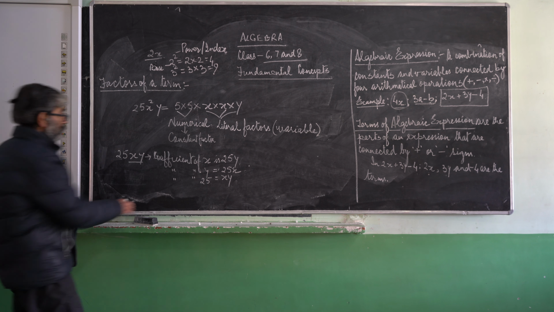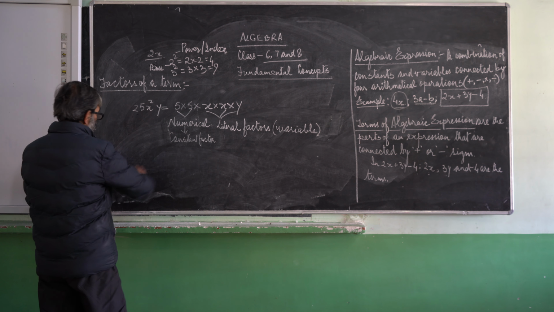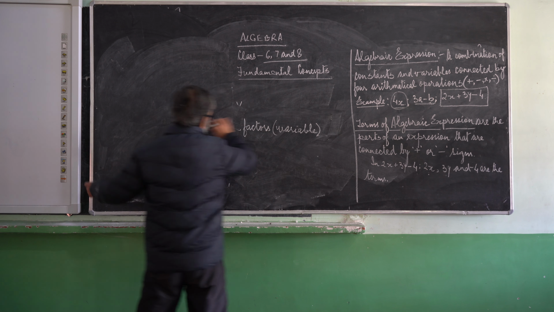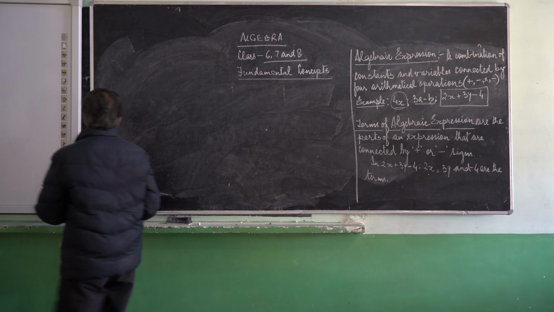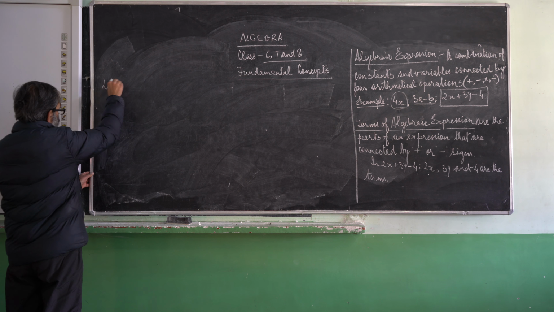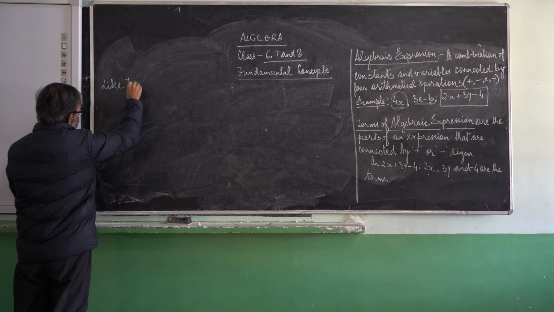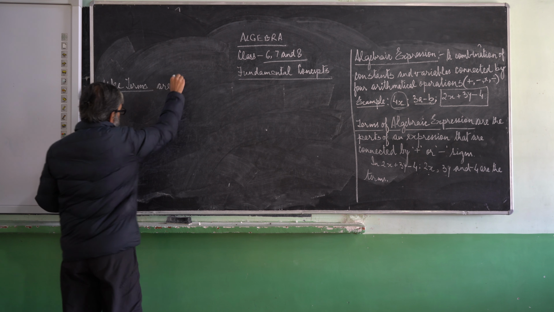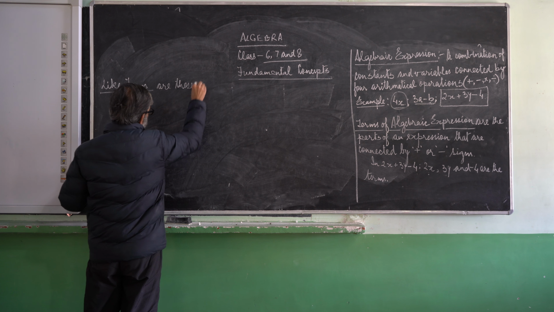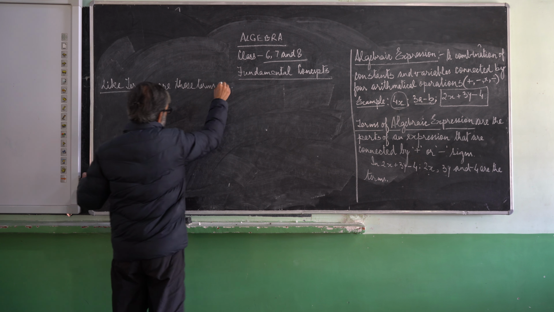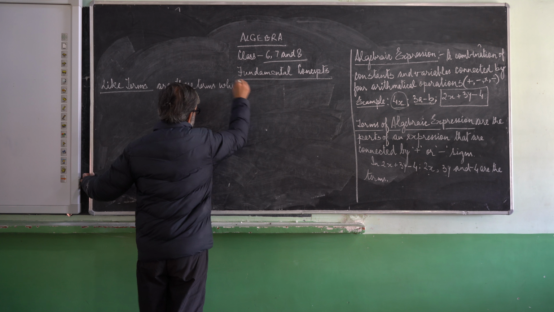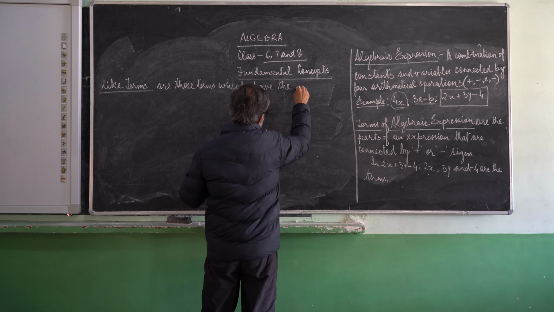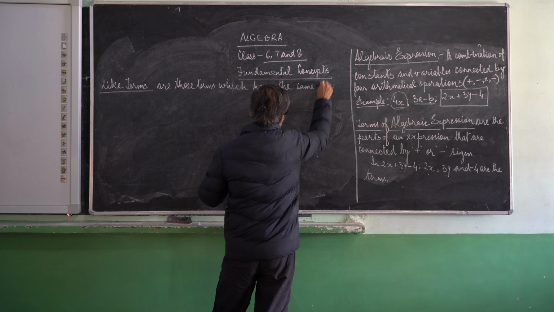Now, like and unlike terms. And this is very important. And we will move on to the fundamental operations in algebra. First, what are like terms? Like terms are those terms which have the same literal coefficient.